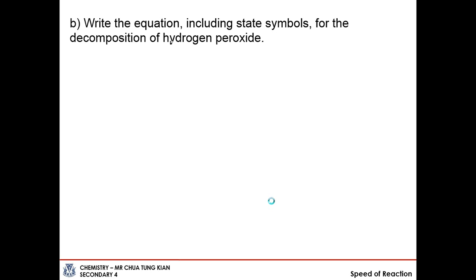So what is the equation for the decomposition of hydrogen peroxide? It is H2O2 breaking down to H2O plus O2. It is okay to write liquid or aqueous for this, because hydrogen peroxide is sometimes purchased or stored in the aqueous state. That means it is diluted with water, because by itself it is pretty unstable and the reaction can get really vigorous.